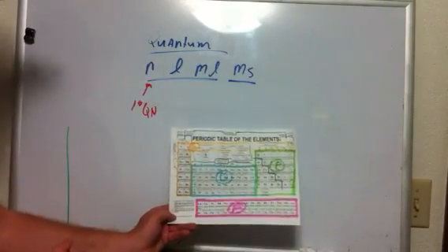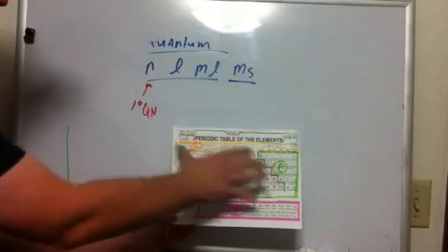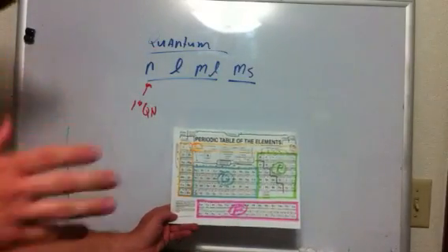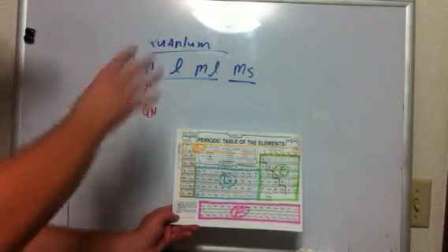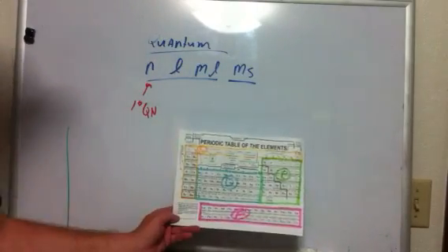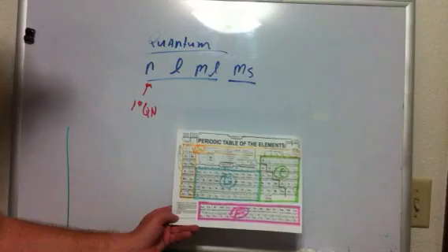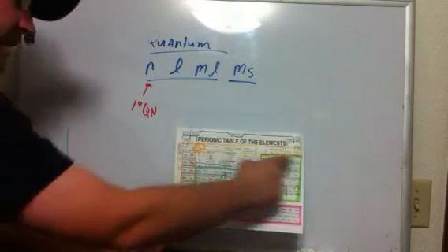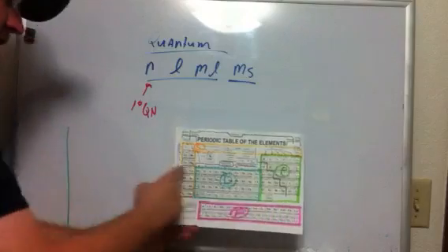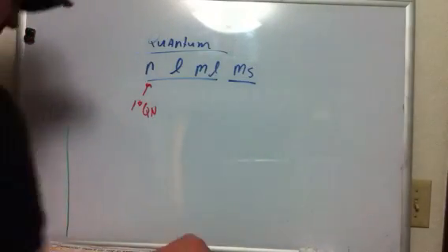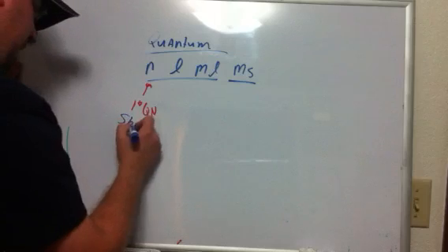Pretty cool that this periodic table was developed by a Russian scientist, Mendeleev, I believe, well before we figured any of this out. He just arranged atoms by their mass number, and lo and behold, we have correlation now. So N equals 2 is the second shell, 3, third shell, 4, fourth shell, and so on. Okay, that's cool. So that's our shell.